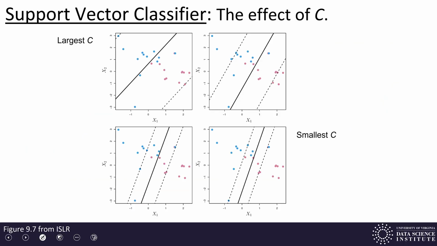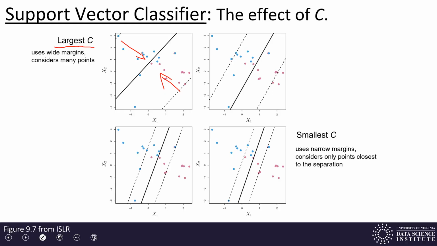Let's look at the effect of C. So here are 4 different plots with 4 different values of C. The top left plot has the largest value for C, and you'll notice it has the most data points inside of those margins. These larger values for C are going to wind up with wide margins, and they're going to be considering many points in the estimation of that hyperplane.